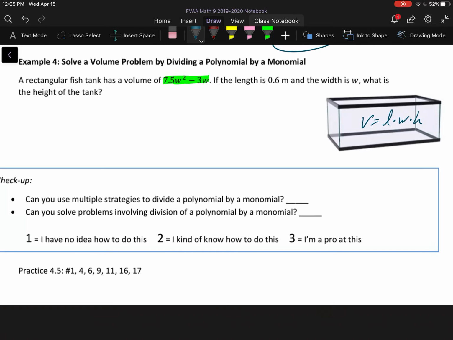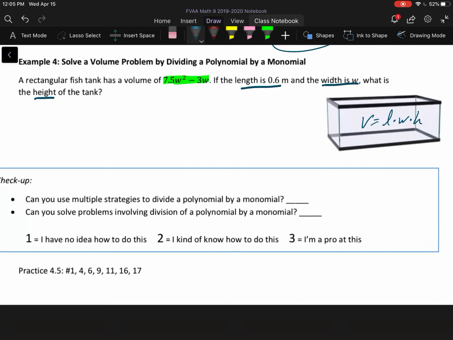So with that in mind, go ahead and pause this question and see if you can solve for the height of the tank, given that length is 0.6 and width is w. Okay, they're not asking for a numerical number. They're just asking for the expression that represents the height of the tank. So go ahead and pause, and we'll come back together and confirm our answers together.